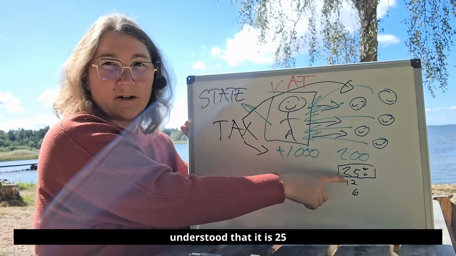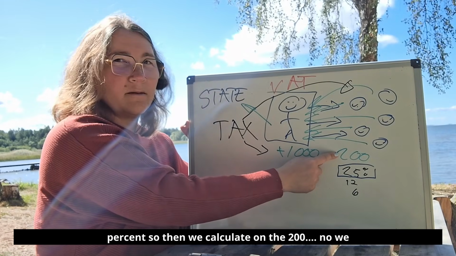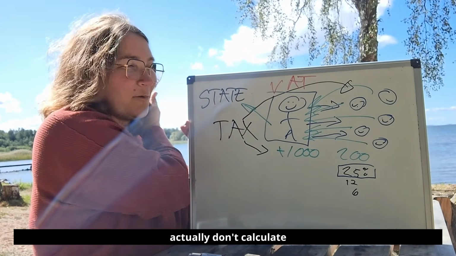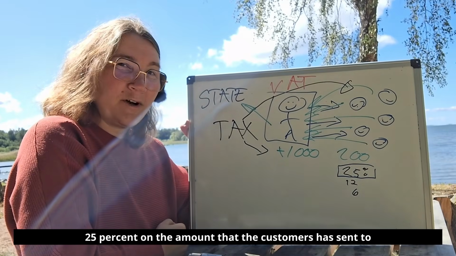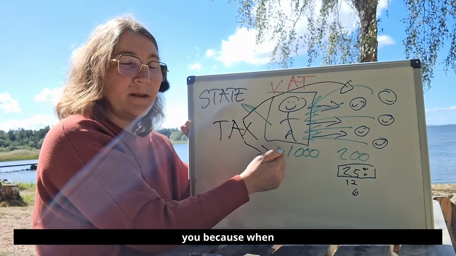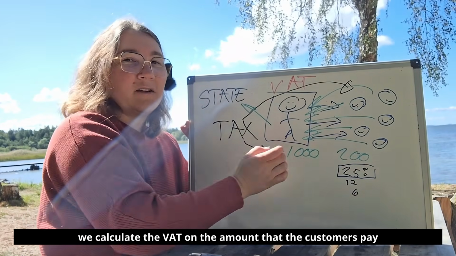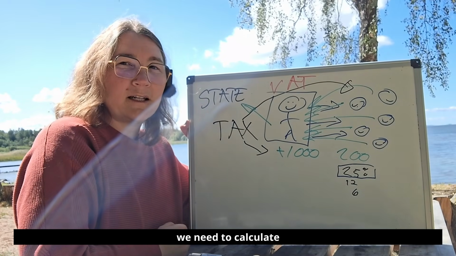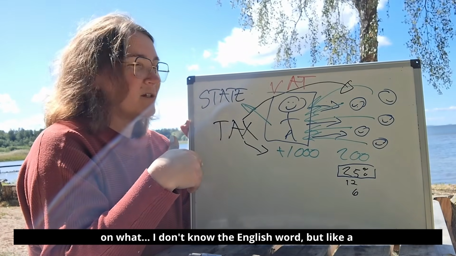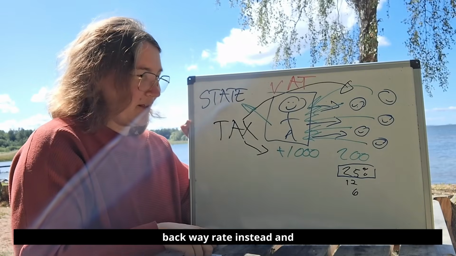Yeah, we have understood that it is 25%. So then we calculate on the 200. No, we actually don't calculate 25% on the amount that the customers have sent to you. Because when we calculate the VAT on the amount that the customers pay, we need to calculate on what's, I don't know the English word, but like a backway rate instead.